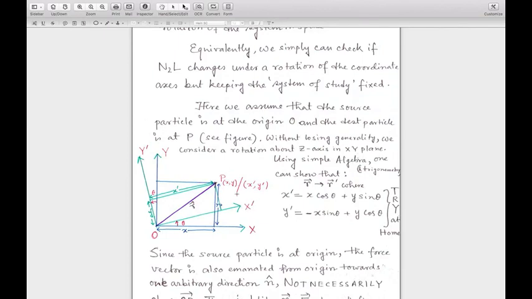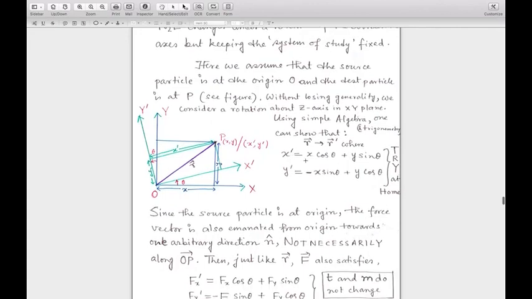Okay, and you can see that if the old x and y components for, let's say, one vector, the position vector of this point P for example, is r, then in the old system the x component was small x and the y component was small y.